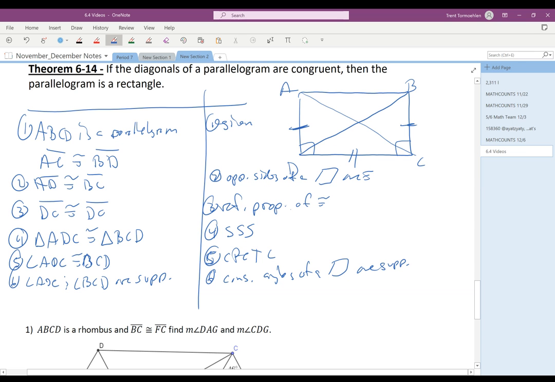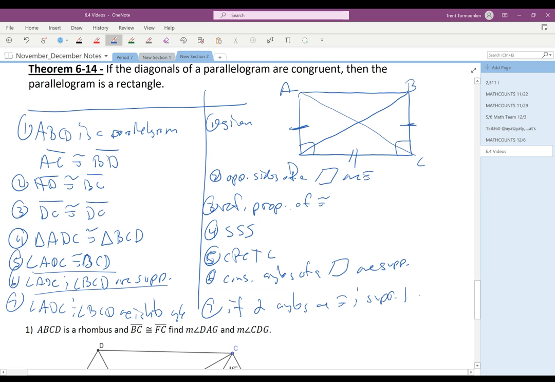And then finally, if two angles are congruent and supplementary, then they are right angles. And so we can say that angle ADC and angle BCD are right angles, which is going to be enough by definition.